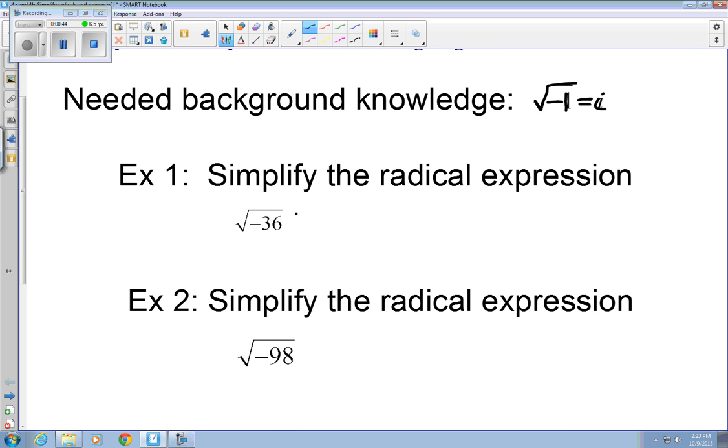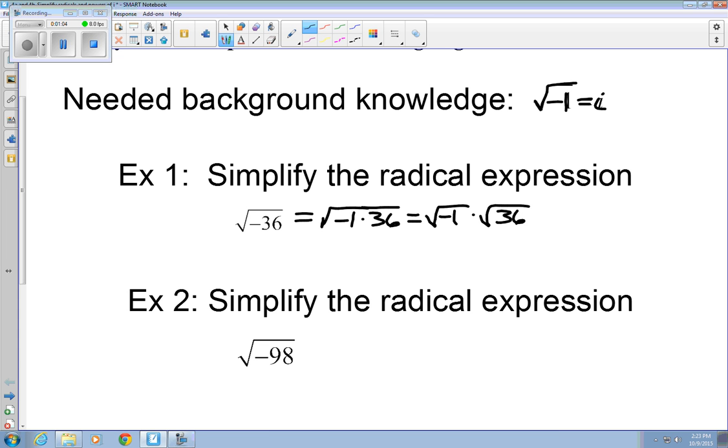So example 1 here, we have the square root of -36. I'm going to break this up into square root, and the -36, I can break it up into -1 times +36. You can break this up even further into the square root of -1 times the square root of 36.